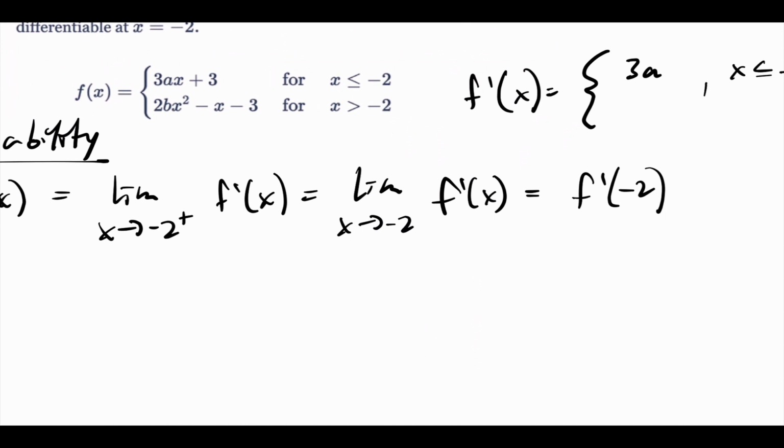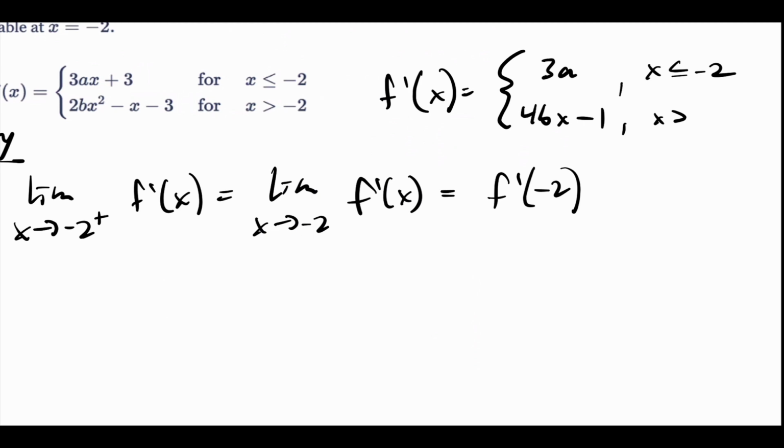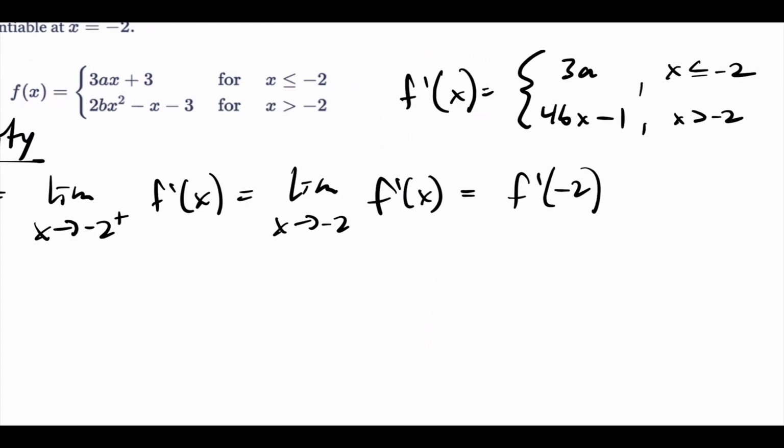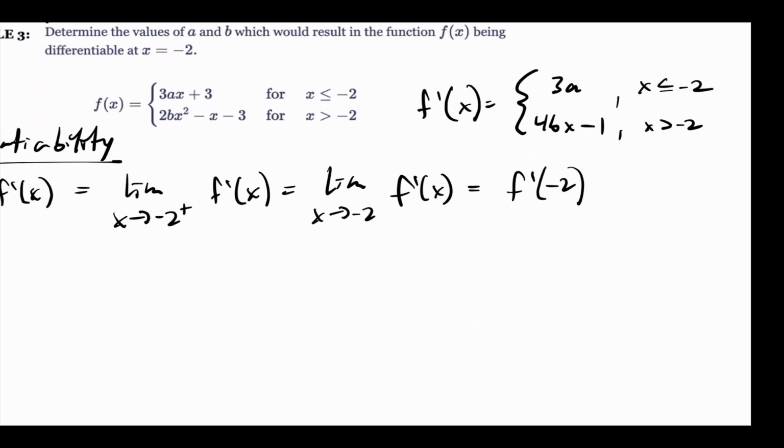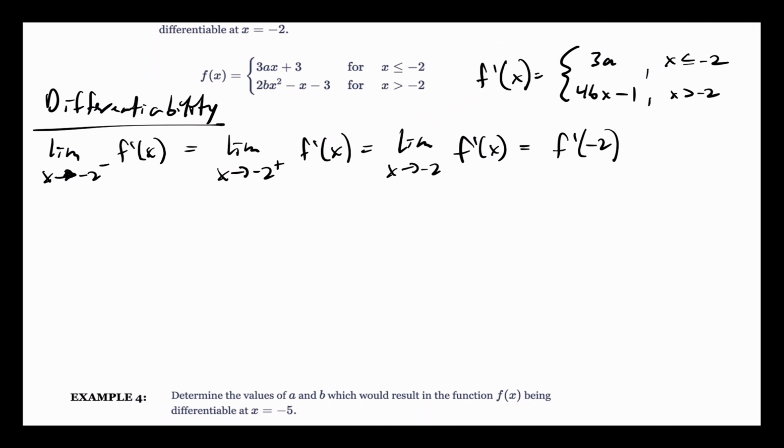And the bottom, we would need to move the 2 to the front, so it's 4bx minus 1. Okay, do the same thing. Plug in -2.